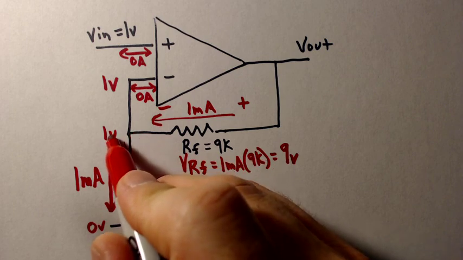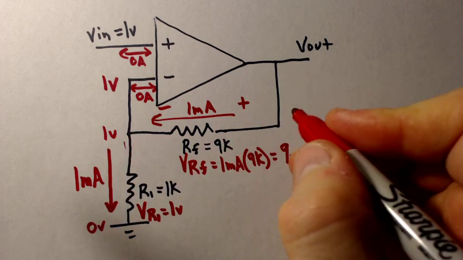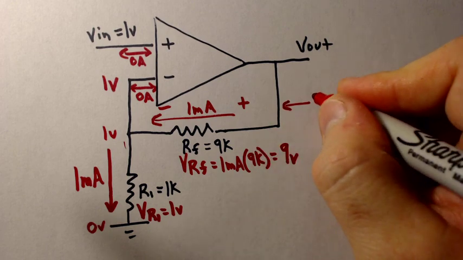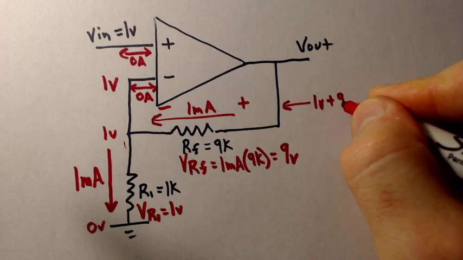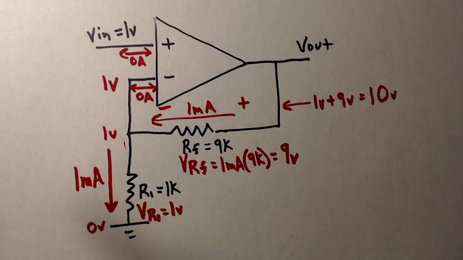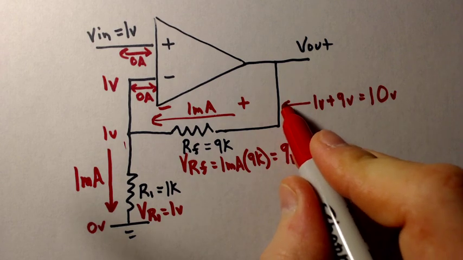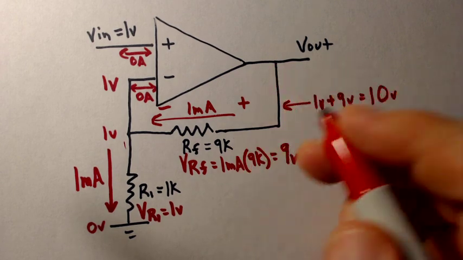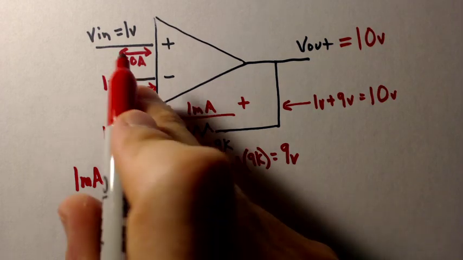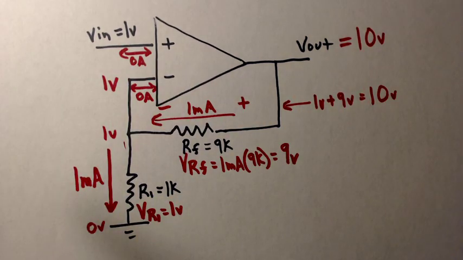This side's at 1 volt. That means over here we have 10 volts. Okay, so we have 10 volts over here. Well, this is directly connected to V out. V out is equal to 10 volts. So when we put 1 volt in, we get 10 volts out.